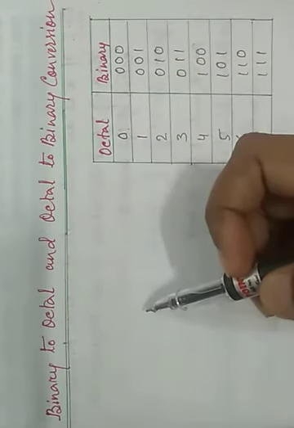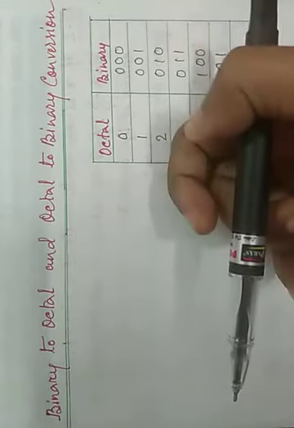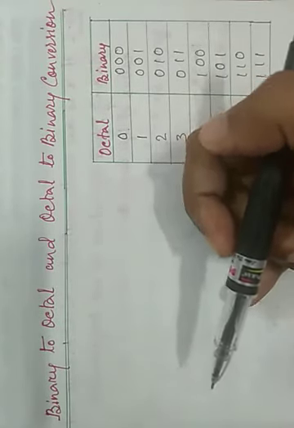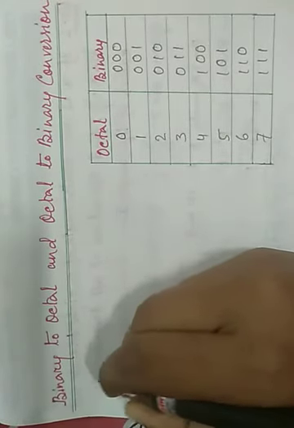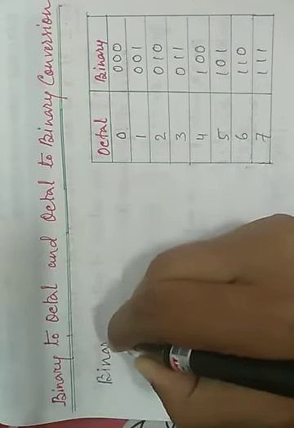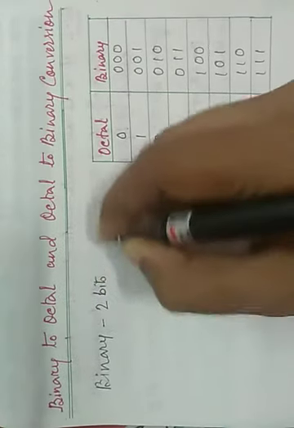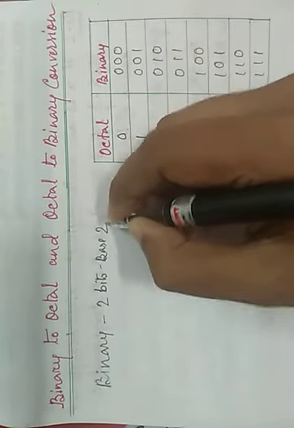So before we go to know how to convert from one number system to another, that is from binary to octal, we have to find out the relation between binary and octal number system. For binary number system, all of you know, how many digits are there? 2. That means base is 2.